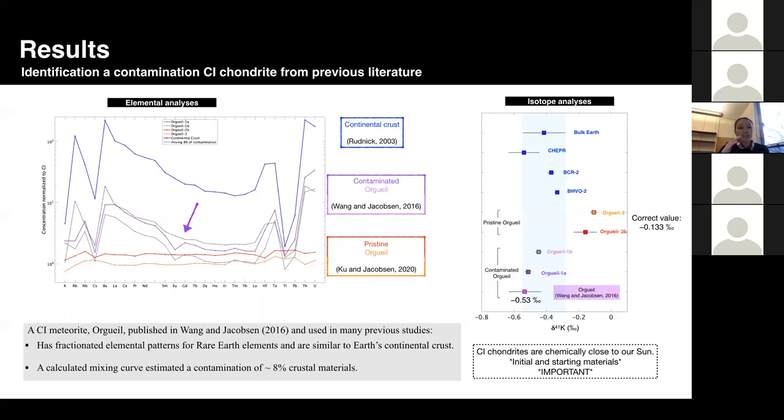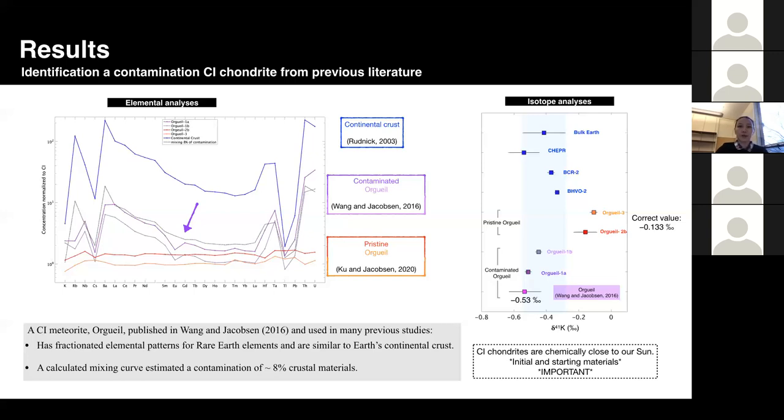Additionally, the contaminated sample also has an Earth-like delta potassium 41 value, shown in the right-hand figure. The purple dot is the measurement from 2016, and it overlaps with other Earth samples.